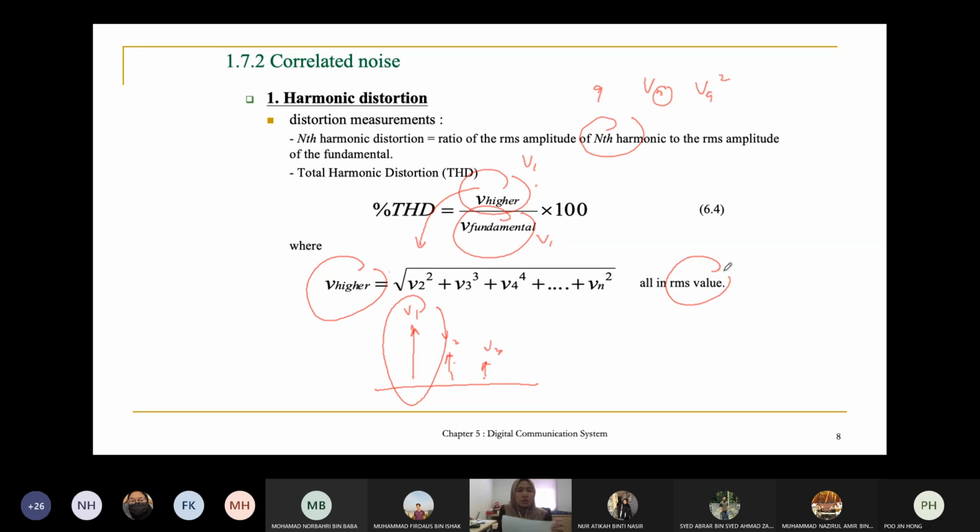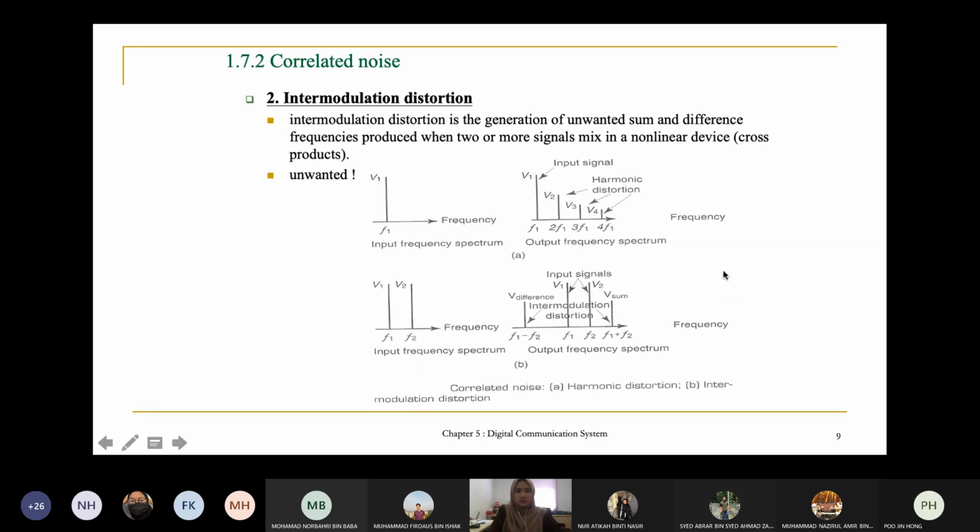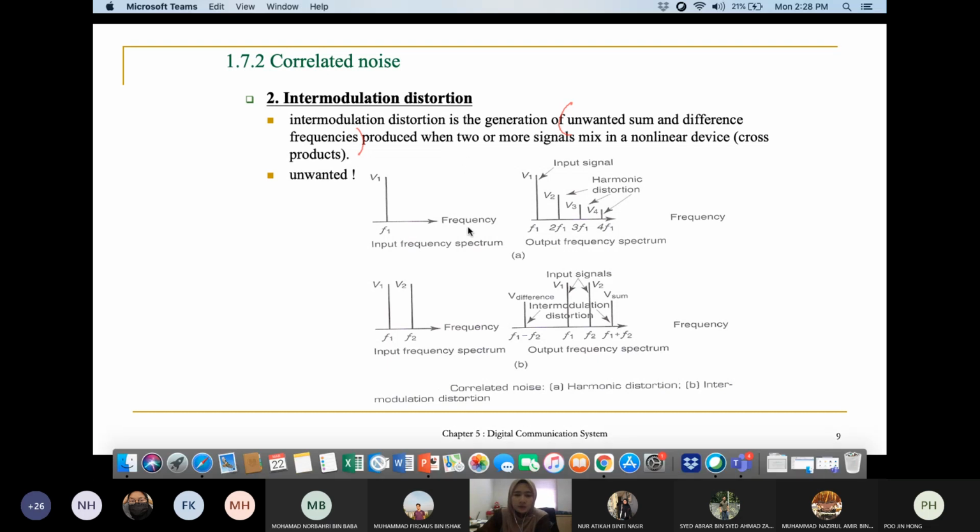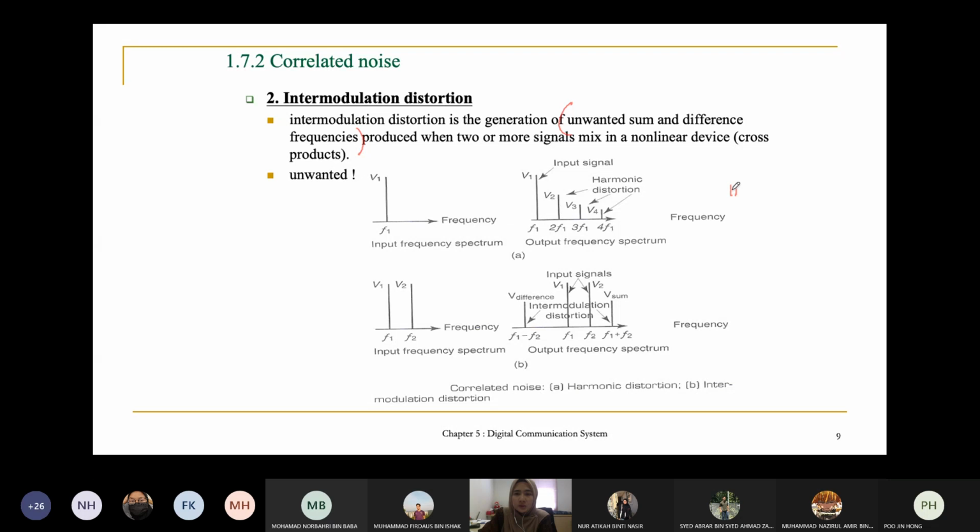For intermodulation distortion, intermodulation distortion is the generation of unwanted sum and difference frequencies produced when two or more signals mix in a nonlinear device. If you look at figure A, this is the harmonic distortion, the one that I've already explained before.